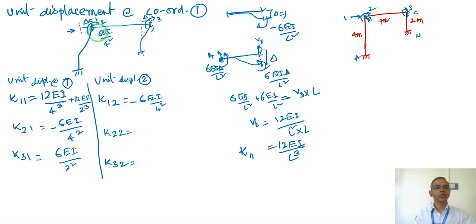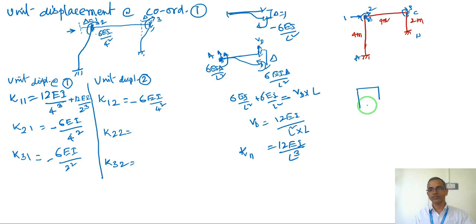Then K22. Due to the unit rotation at 2, how much is the moment produced at 2? Very simple. We are directly going by 4 EI by L for each joint, because the joint is getting rotation here.